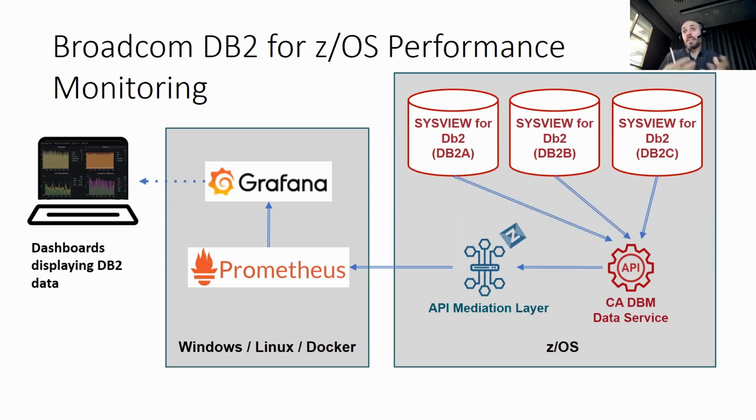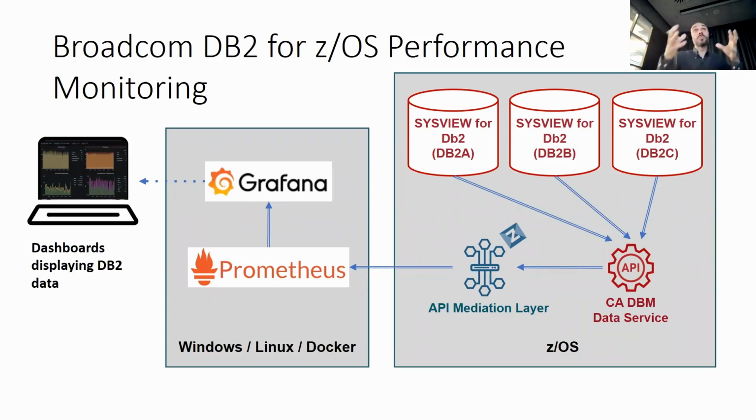This is the REST API server that then feeds that performance data to the outside world. Of course, this REST API is Zowe Conformant, so we'd recommend onboarding that to the mediation layer to take advantage of some of the benefits that I talked about earlier in terms of security and single sign-on.